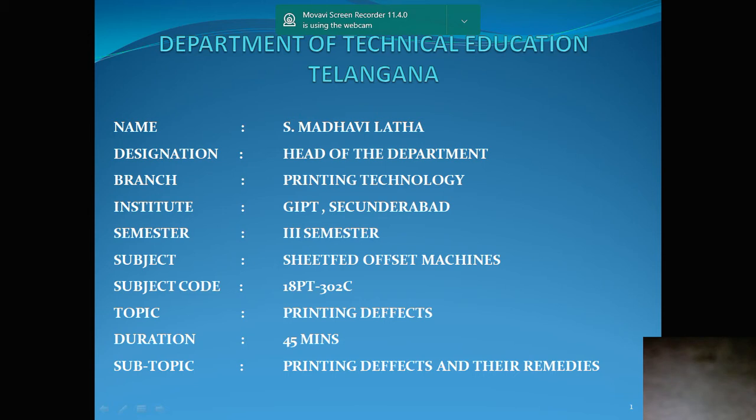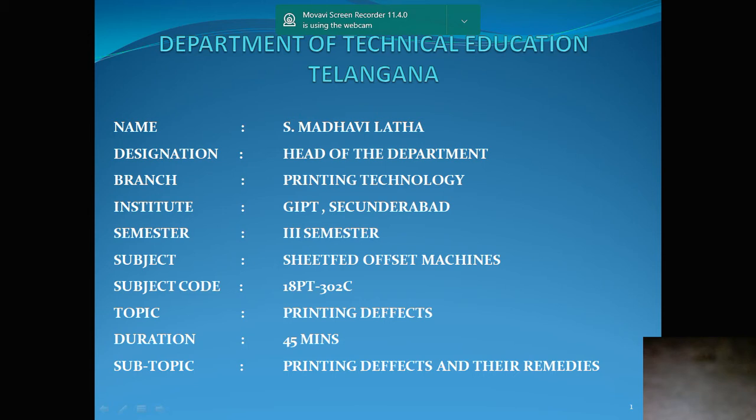If any one of the units is not able to do its work correctly, the whole process will go wrong and we will not get good quality output. That's the reason we have to make ready all these units before we start printing. Make ready we will discuss in the next classes.